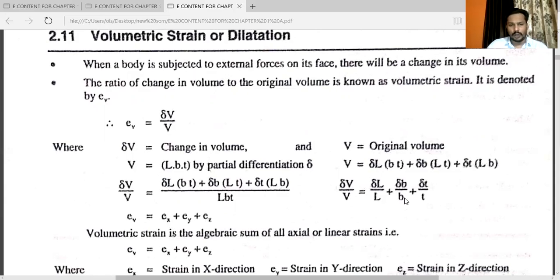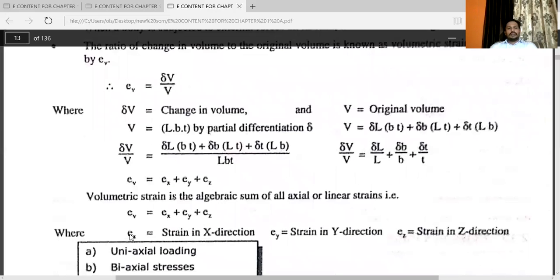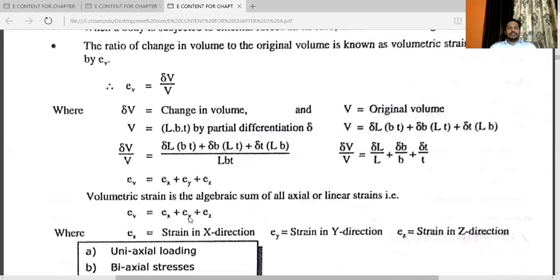Delta B upon B is nothing but EY. Delta T upon T is nothing but EZ. The volumetric strain is algebraic sum of all axial or linear strain, that is EV is equal to EX plus EY plus EZ. So EX is nothing but strain in X direction, EY is nothing but strain in Y direction, EZ is equal to strain in Z direction.